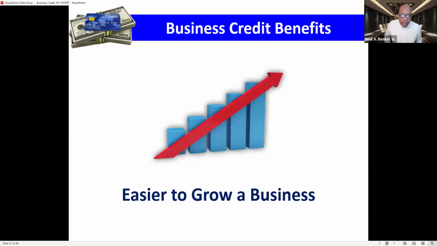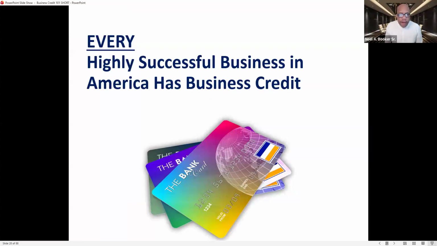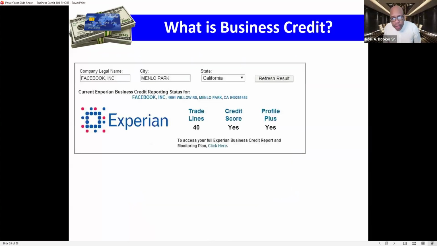Business credit makes it easier to grow a business, because you can use your business credit to operate, to fund things before you need to pay for it. You go make the money and then pay the bill, right? So it's easier to grow a business. Every highly successful business in America has business credit.